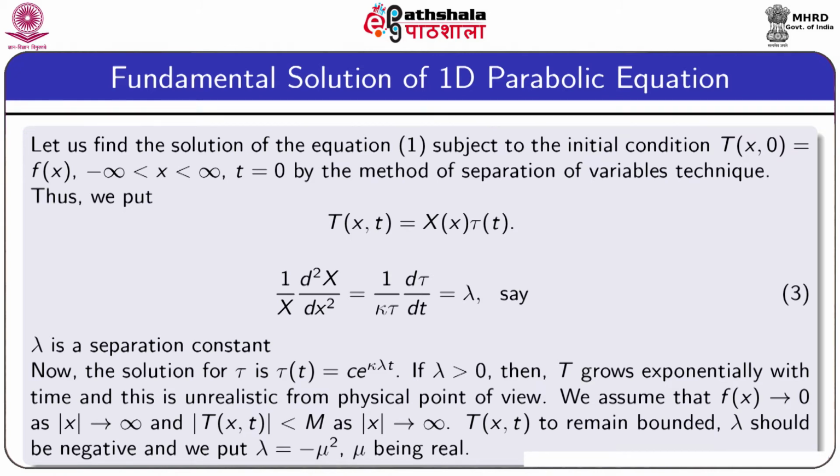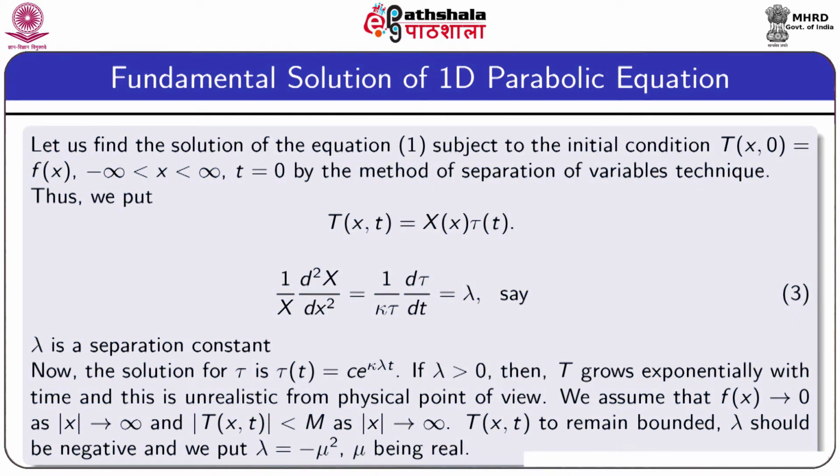If we substitute this expression of capital T in equation 1, we obtain the equation which is written in 3: 1 by capital X d2X dx square is equal to 1 by kappa tau d tau dt. So, thus we separate the variables or the functions capital X and tau in this way.